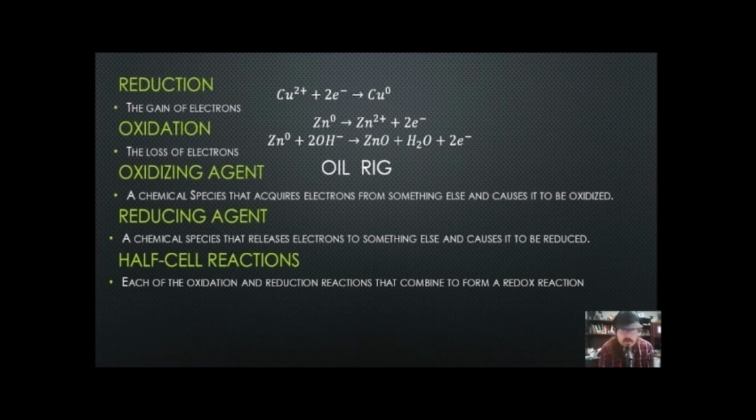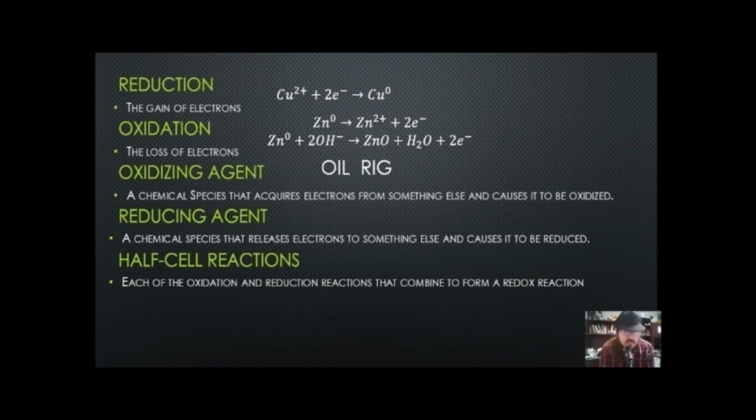Zinc is going from 0 to zinc 2+ as it loses its 2 electrons. Another way to understand oxidation is the gaining of oxygen. So in the case of our alkaline batteries, the zinc in the presence of hydroxide is gaining oxygen to form zinc 2+ and O2-. So zinc oxide in the presence of water.